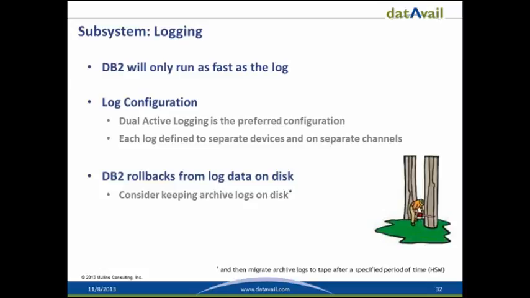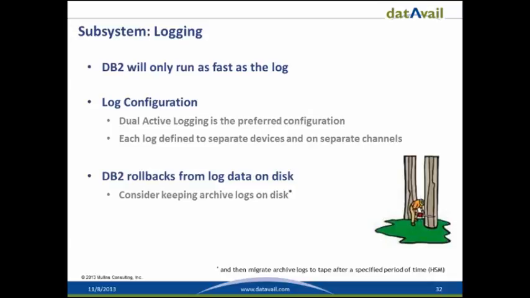Another thing you can do is to ensure rollback processing is retrieving log data from disk if possible. So if we issue a rollback and we've done so much modifications that we had to archive the log, and we're doing archiving to tape, the rollback requires the operator to go back and mount that tape. And that can be inefficient, especially if you're not using a tape silo or something like that.